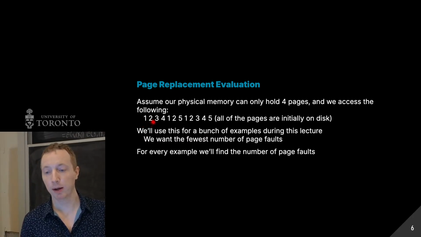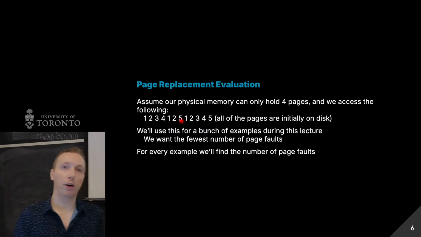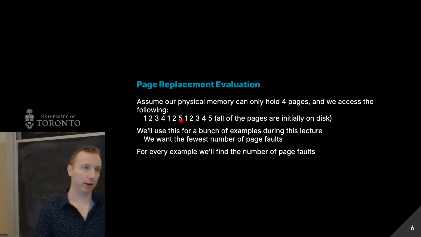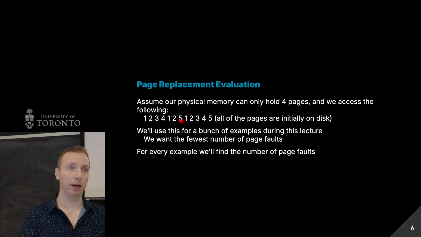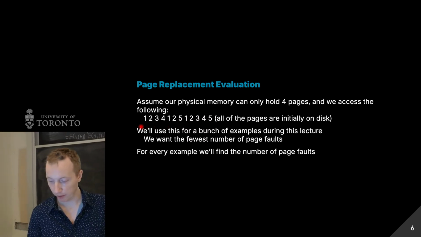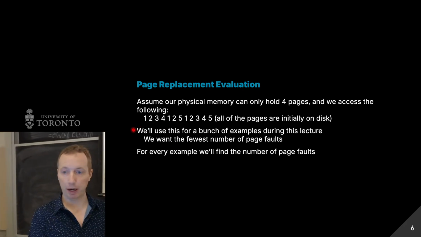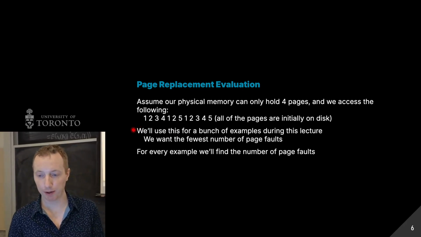So page 1, page 2, page 3, page 4, page 1, page 2, page 5. And for all these, we assume they're initially on disk, so we have to bring them into memory. Initially, memory doesn't have anything. So we'll use the same sequence of page accesses for all the examples during the lecture.